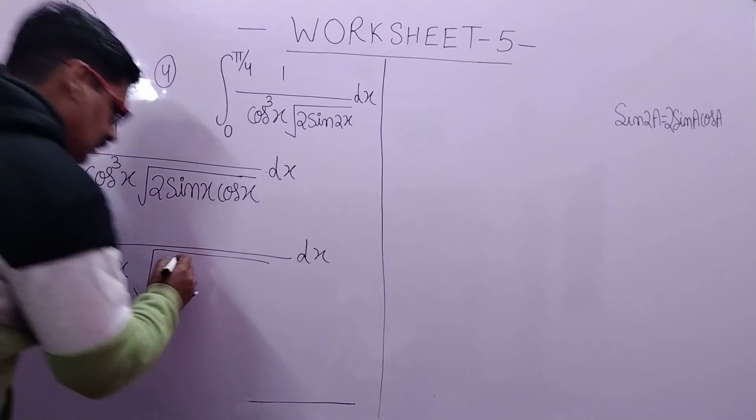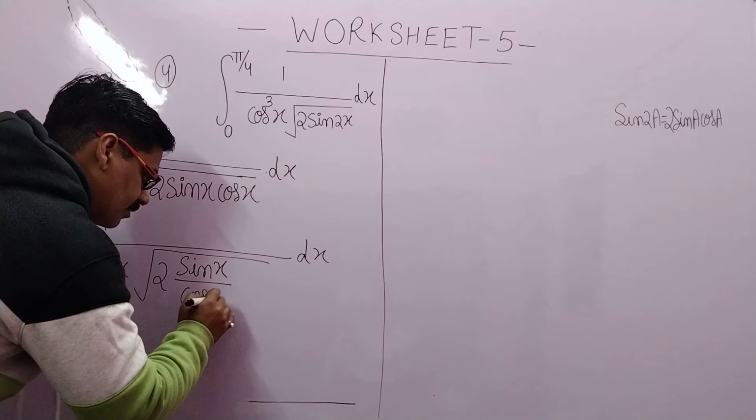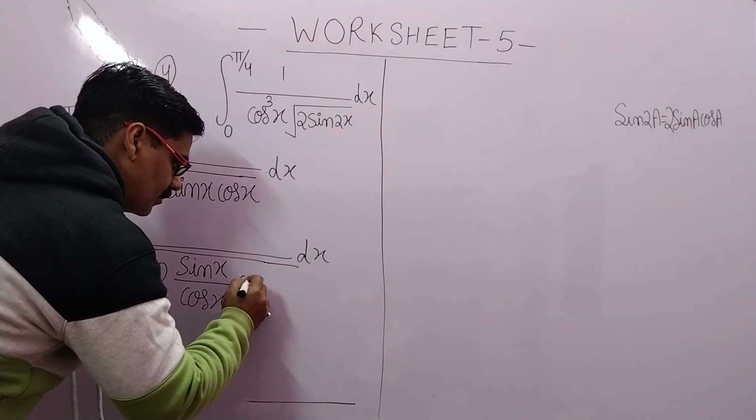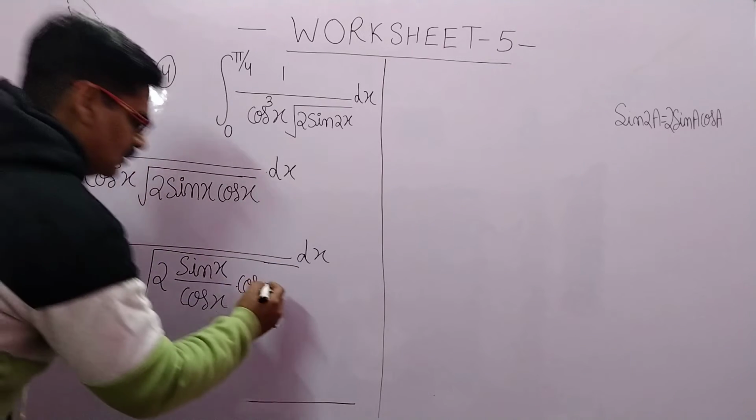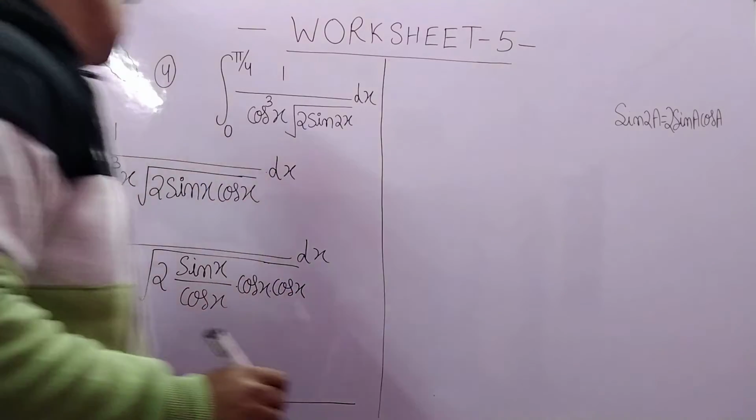In the root we divide and multiply it by cos x, and cos x is present before here.